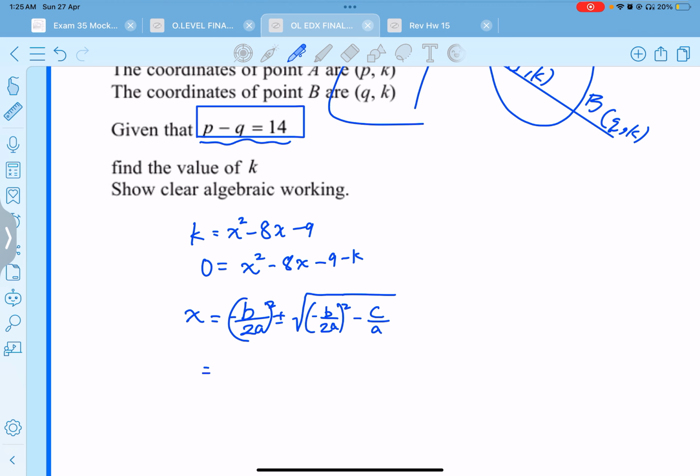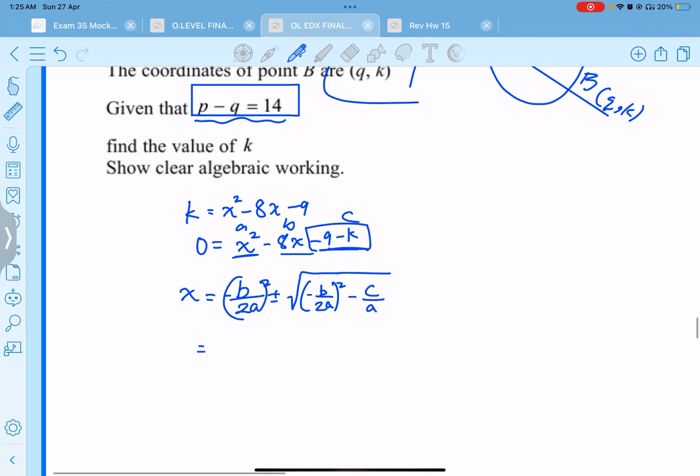So x will equal to b. I must keep in mind that this is a, this is b, and this as a whole is c. So negative 8, which is positive 8, over 2 times 1, squared, plus or minus the square root of 8 over 2 times 1 squared minus negative 9 minus k.